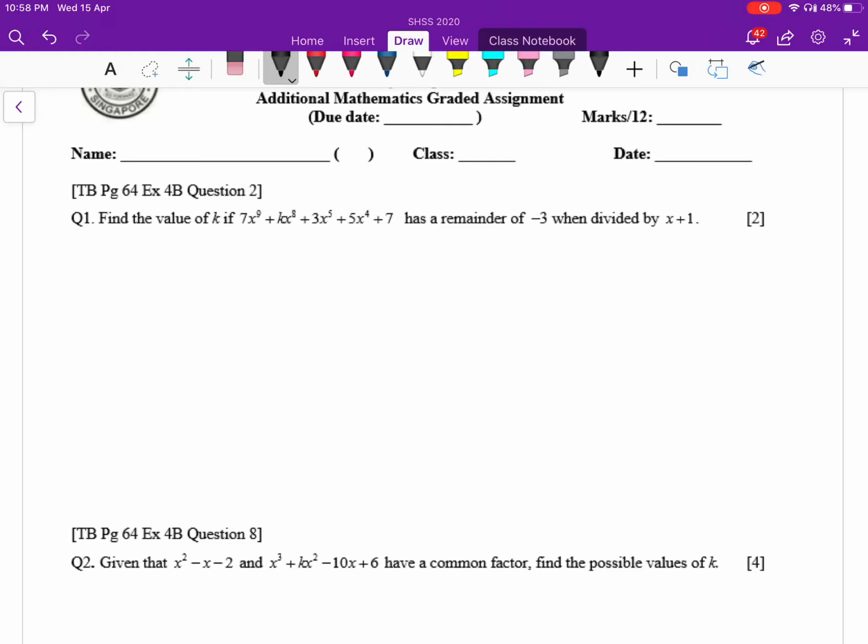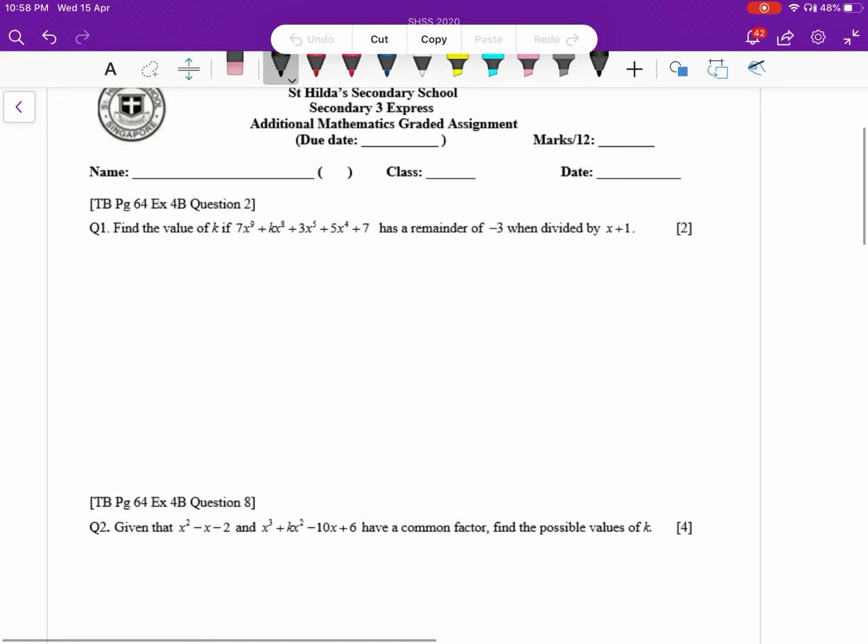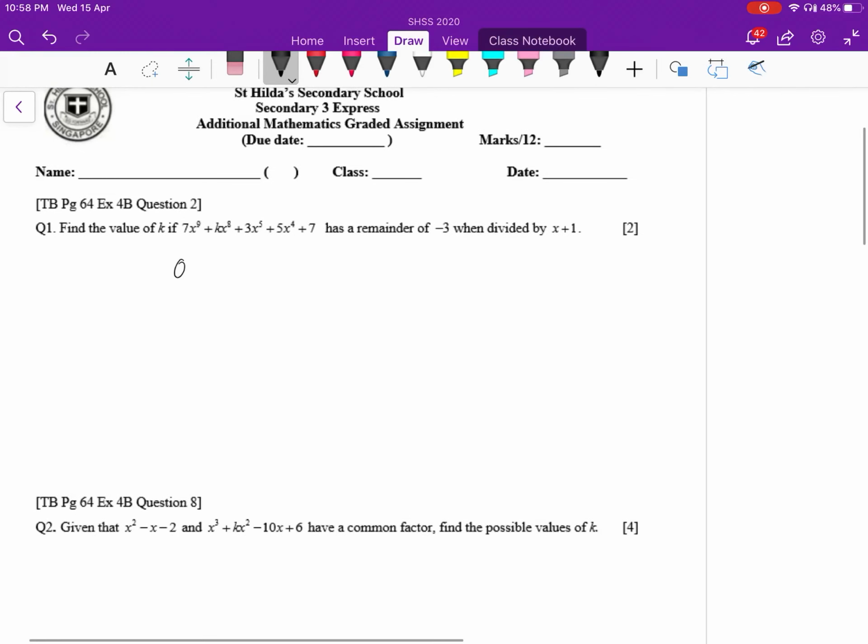Find the value of k if this entire expression has a remainder of minus 3 when divided by x plus 1. Now, if you remember very clearly, we can do this. The quotient multiplied by x plus 1 plus the remainder will give us 7x to the power of 9 plus kx to the power of 8 plus 3x to the power of 5 plus 5x to the power of 4 plus 7.